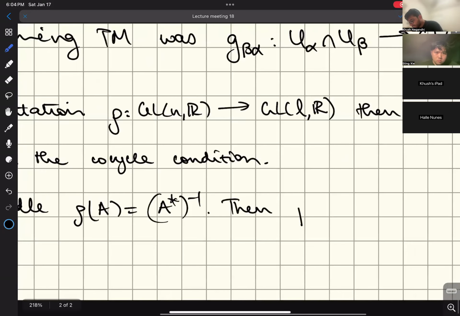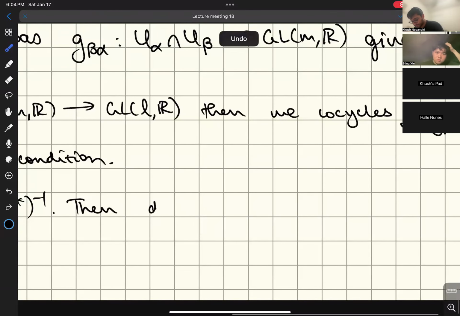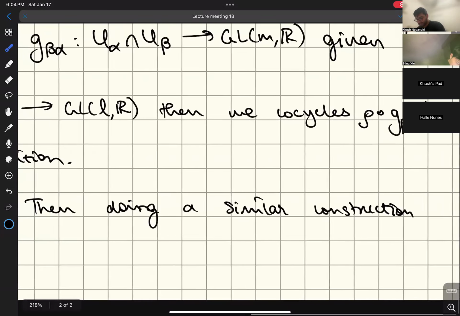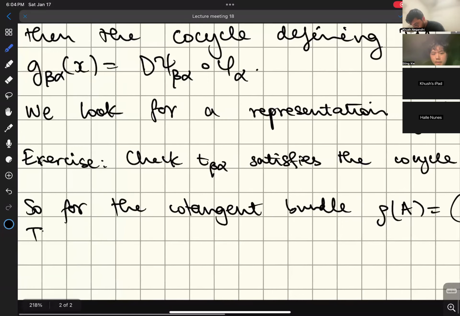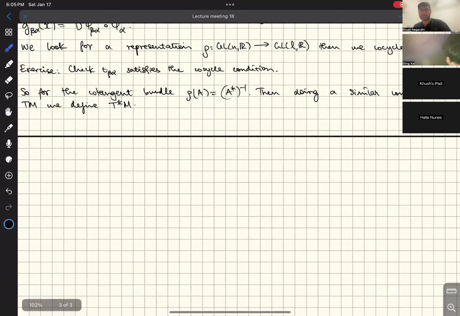Then pasting, and doing a similar construction as TM, we define T star M. If you want, you can recap the construction we did a couple of meetings ago about how you take a cocycle and make it into a vector bundle. Okay.